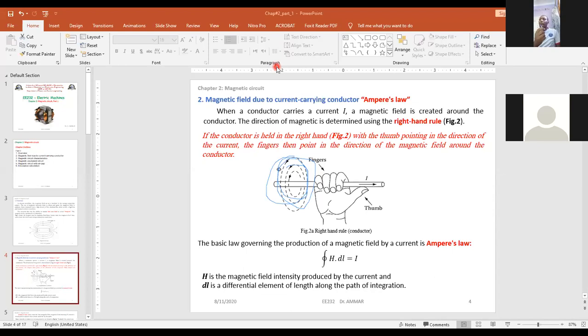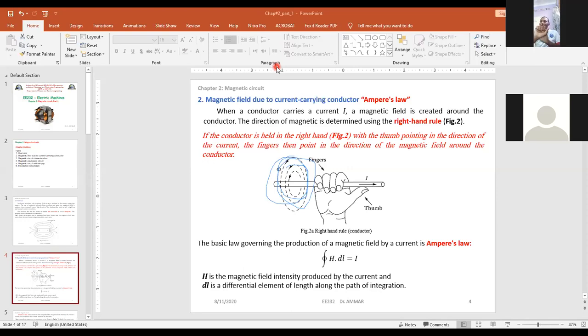So for example, if this is the conductor that's carrying the current, when I hold this conductor with my hand like this, my thumb indicates the direction of the current, from this point to this point. So my thumb is pointed to the direction of the current, and the magnetic field is around, with my fingers.